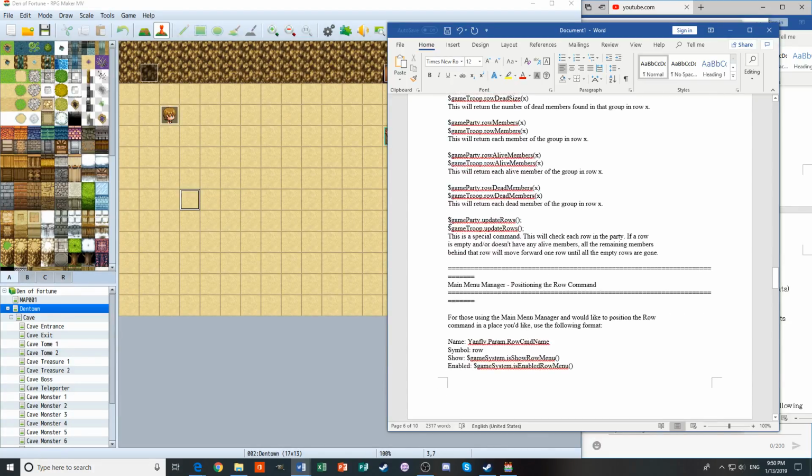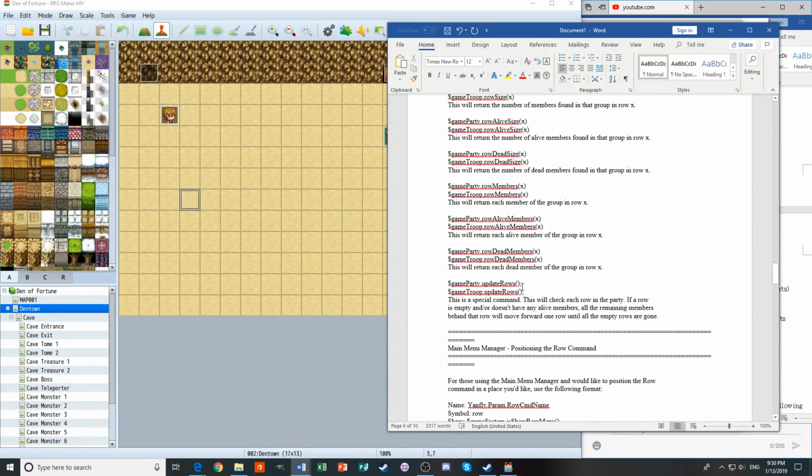Oh, well that's easy. Okay, yeah, this is why you check the script. Instead of having to do anything funky, I just have to use the update rows function. If a row is empty and or doesn't have any alive members, all the remaining members behind that row will move forward one row until all the empty rows are gone. Okay. So when would I call this function?